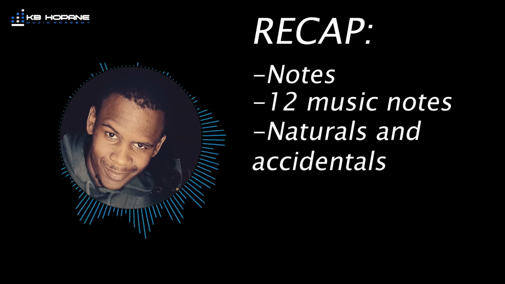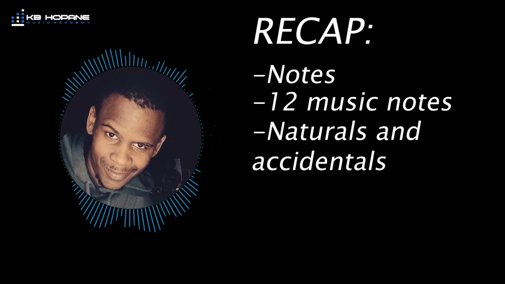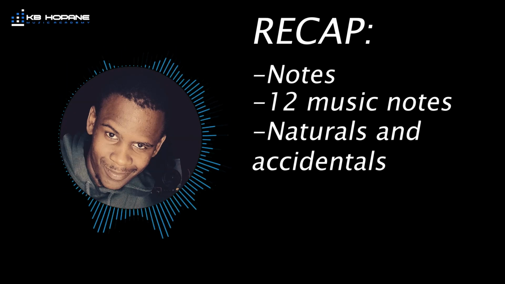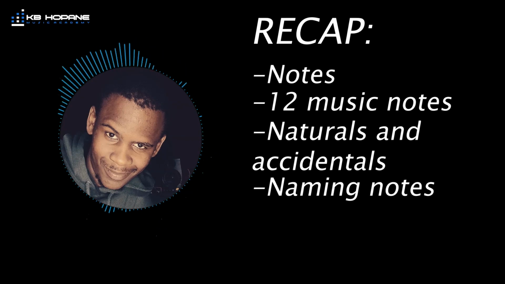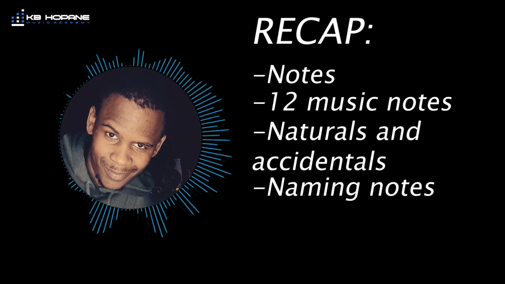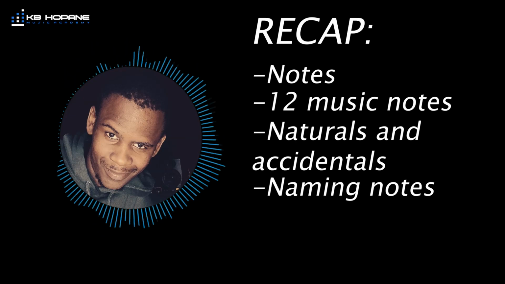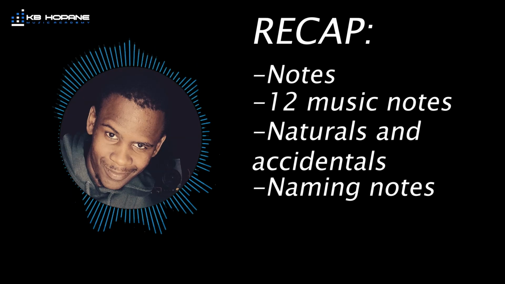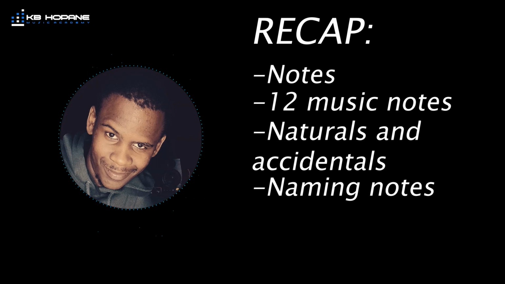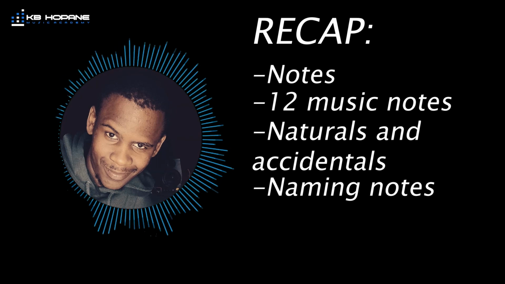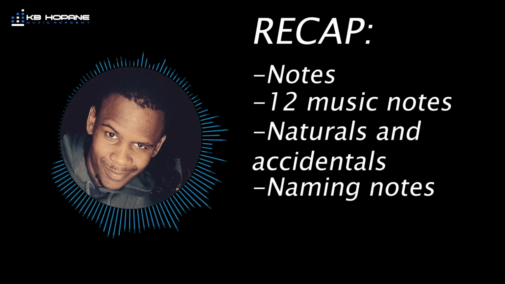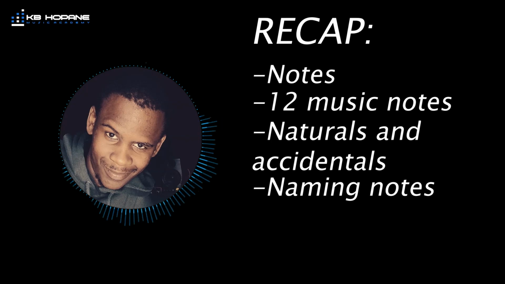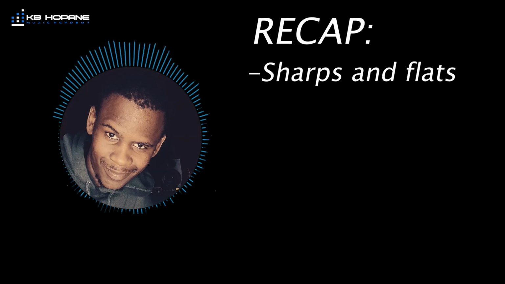Naturals are basically the white notes and accidentals are basically the black notes on a keyboard. And we've also learned how to name the notes, that we name them after the first 7 letters of the alphabet. The naturals are obviously gonna use the letters from A to G, and the accidentals are gonna use the same letters, but they're gonna have a symbol of a sharp or a flat. And the third thing that we've learned is about sharps and flats.